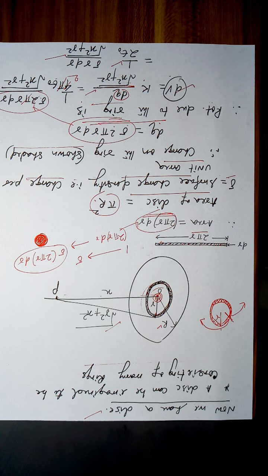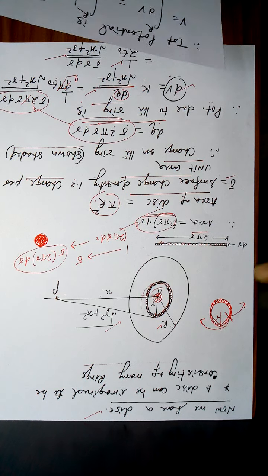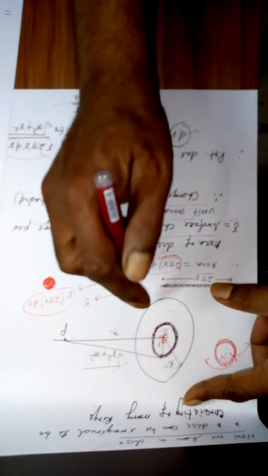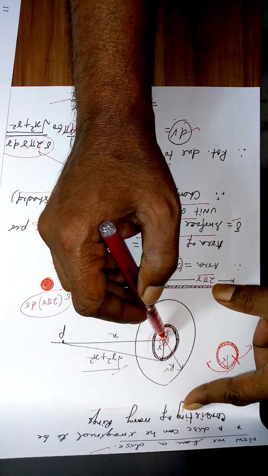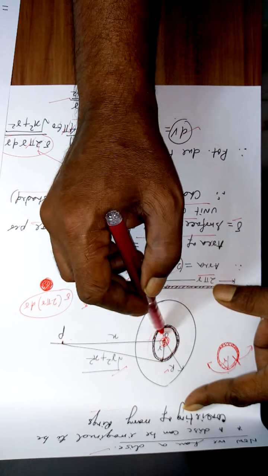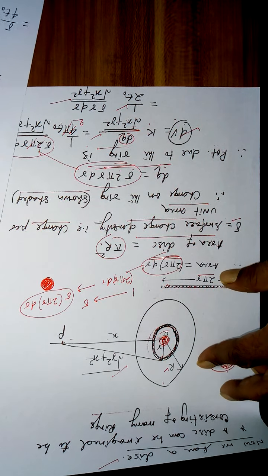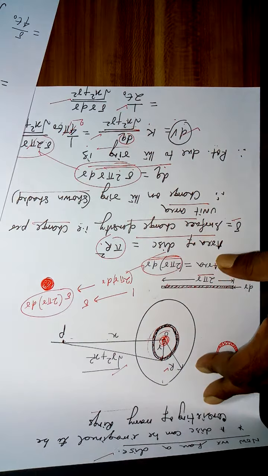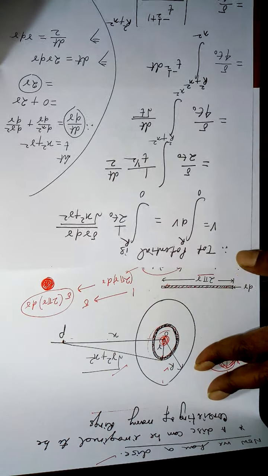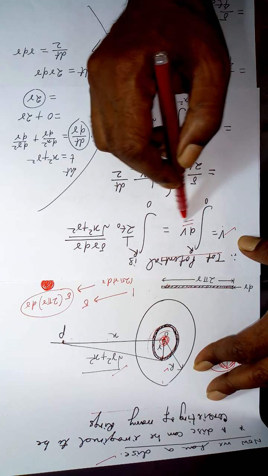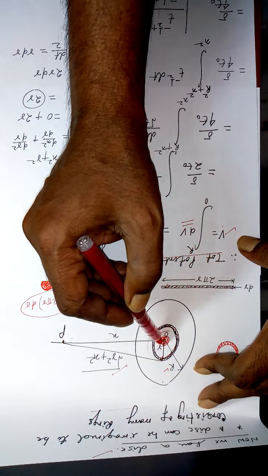Now, since the disk is made up of many rings, one ring like this, another, and so on up to this, each ring will contribute to some potential here. So the total potential V is equal to the integration of dV from 0 to r.